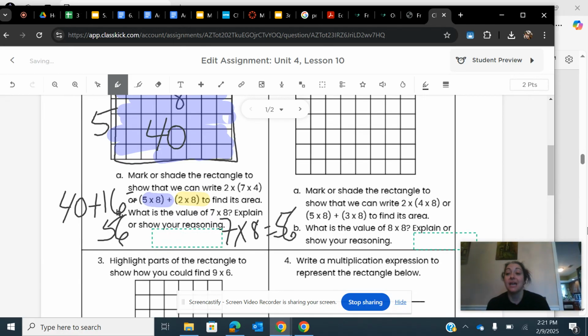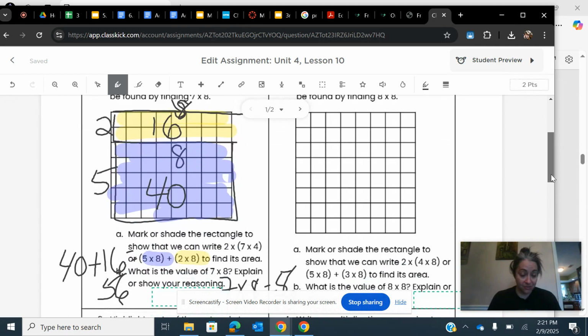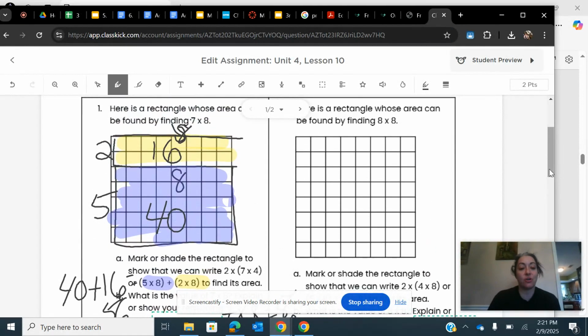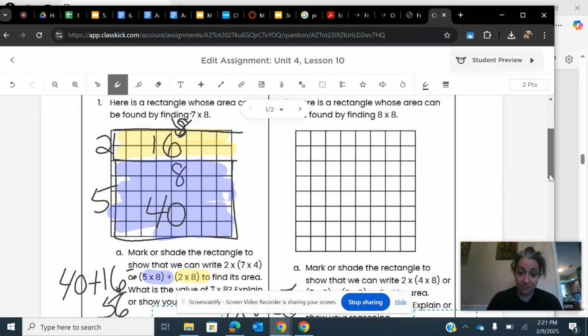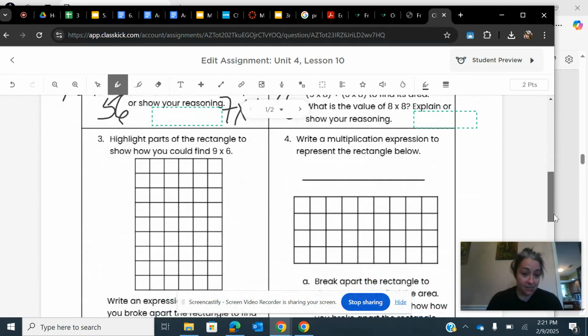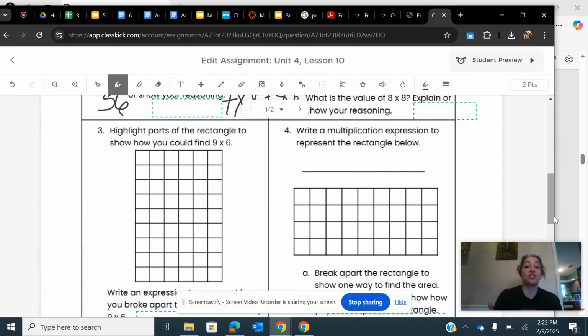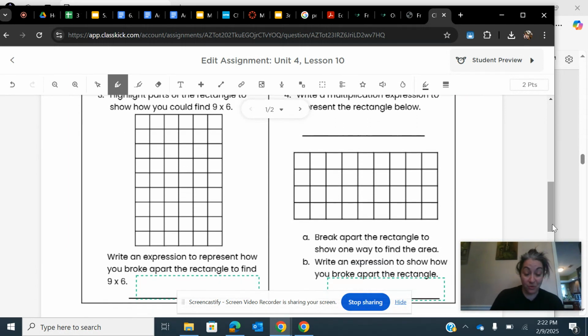But for this, even if you know your facts, you know 7 times 8, I do want you to show breaking it apart with the distributive property. When you get down here, it doesn't tell you how to break it apart, so you can choose how you want to break it apart. If I'm looking at this one, I would just choose where you want to draw a line.